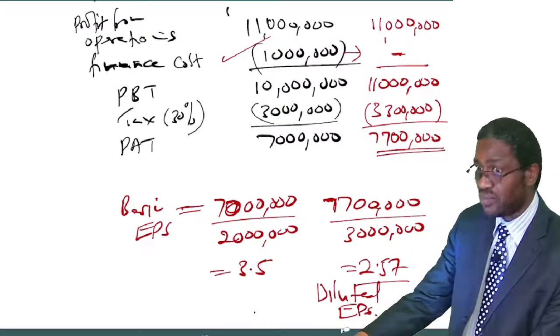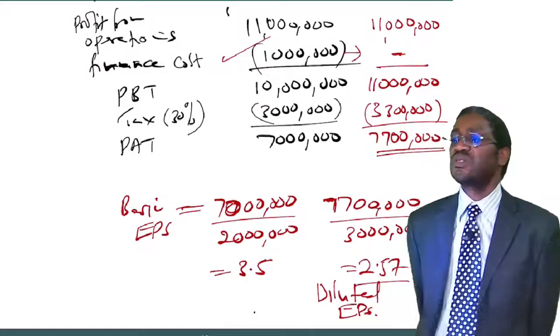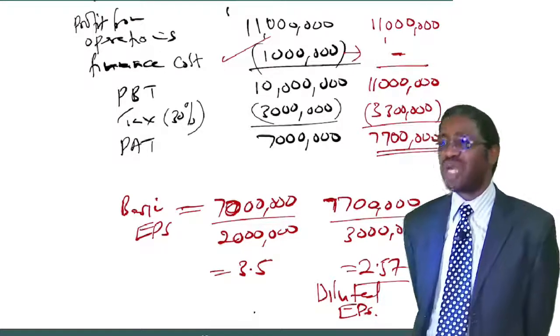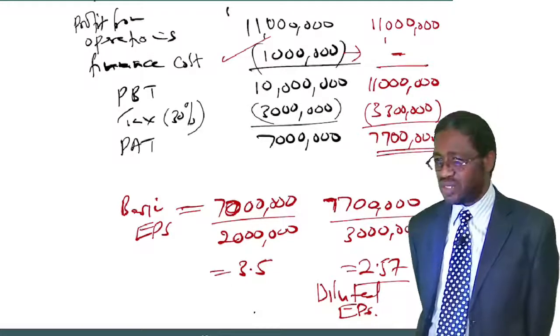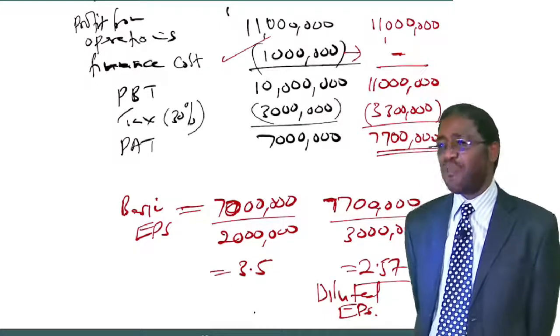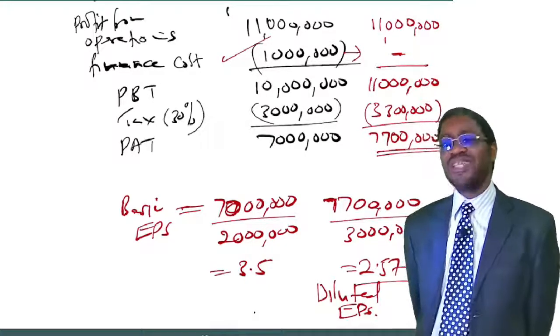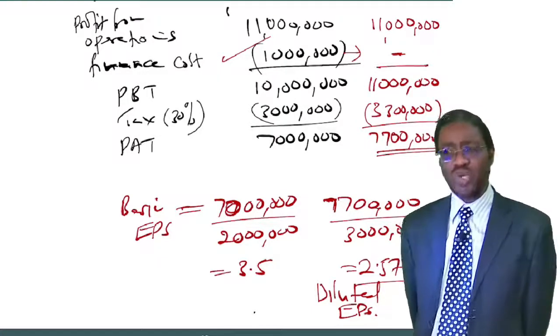Listen now. So we are saying, when your company has a convertible debenture by the end of the year, your company will be required to compute what we are calling the diluted earnings per share. How do we compute it?